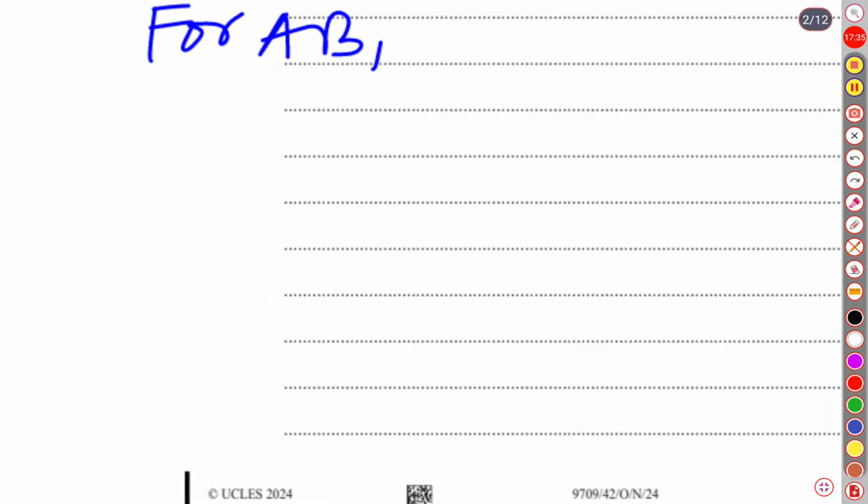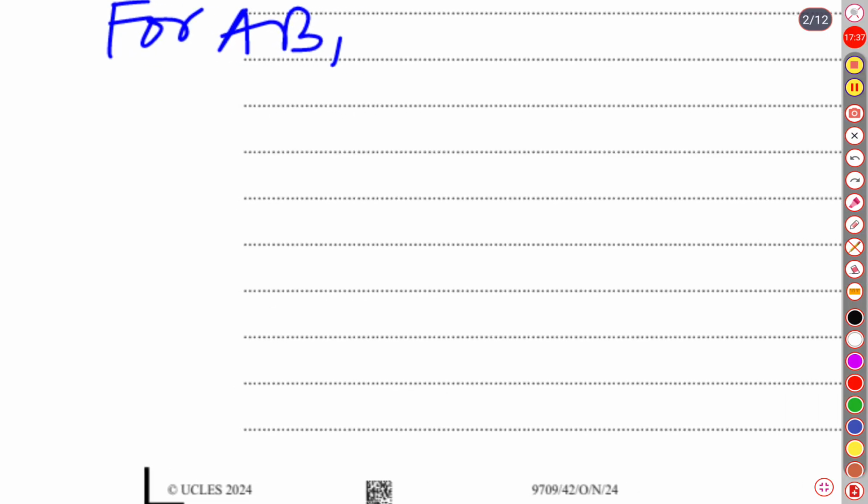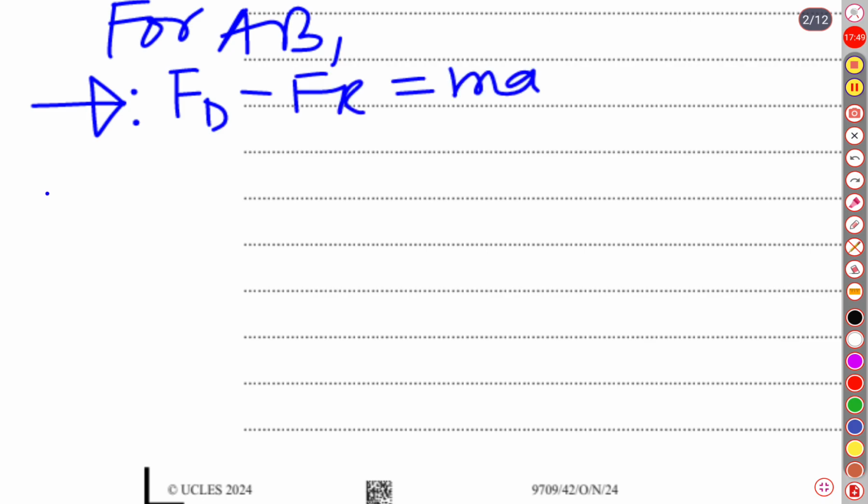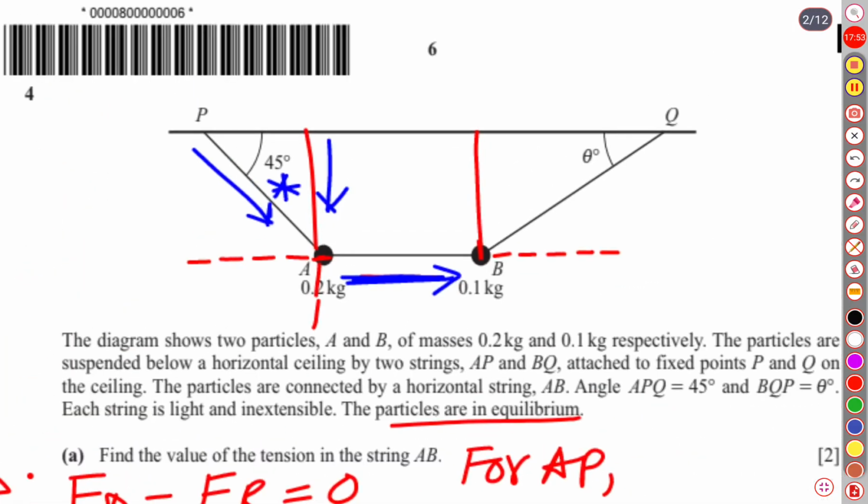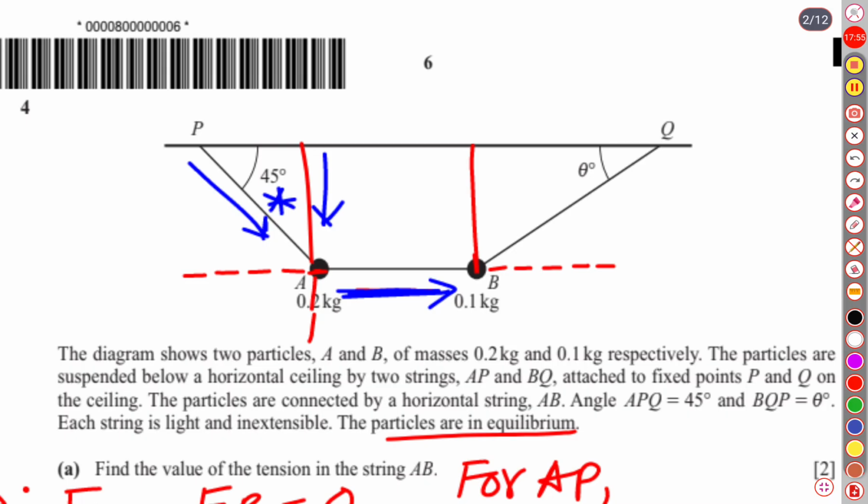So it is horizontal movement. So driving force minus resistance force is equal to mass into acceleration. What is the driving force? For the first triangle, the driving force is this one, the tension in the string AB, and the resistance force is this portion.